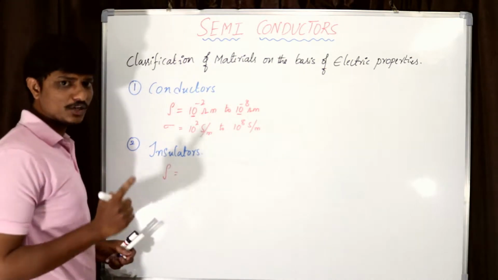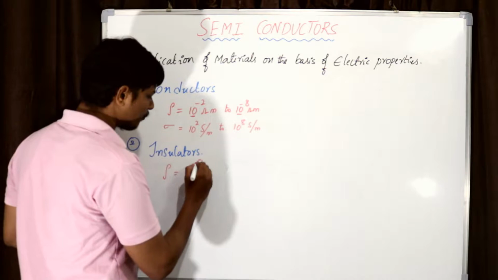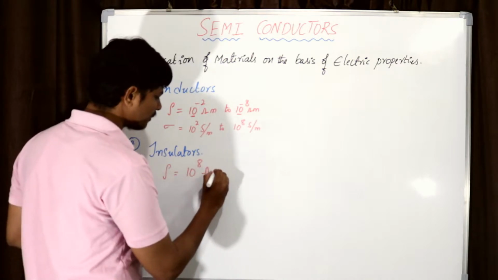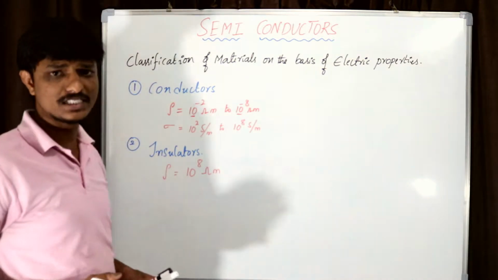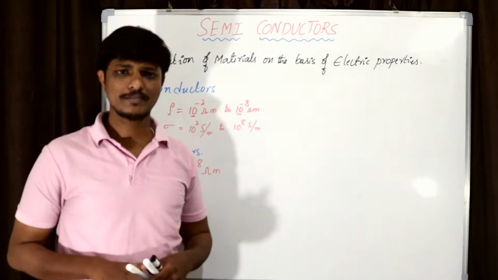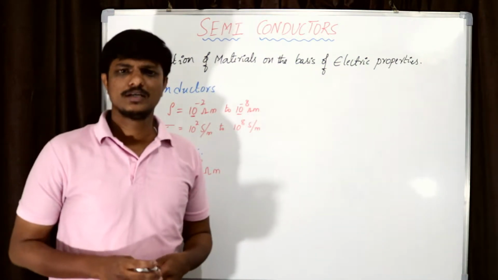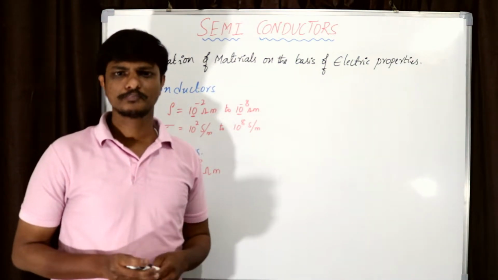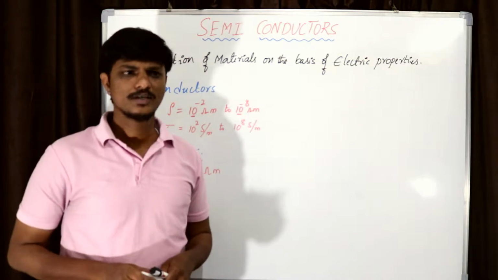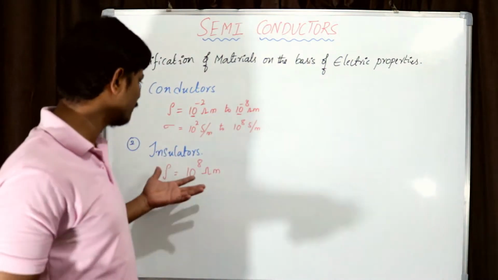The resistivity of an insulator is really high, approximately 10 power 8 ohm meter. Insulators are materials like distilled water, wood, and plastic. These materials come under insulators.